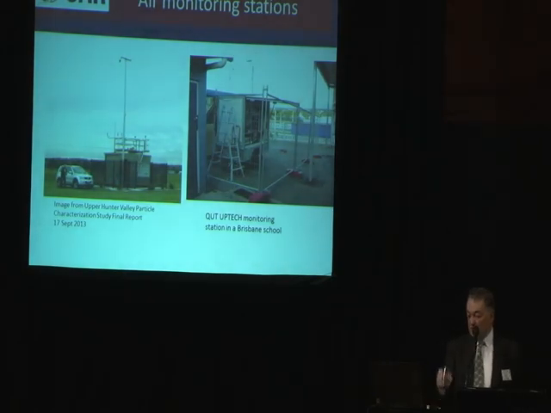And you can see the sorts of equipment that's required. The sorts of equipment that's required to measure the complex mix of pollutants that are in the atmosphere, with the time resolution over short periods of time that's required, is not the sort of thing that we can kit our individuals with. This would be a bit hard to carry on your back to measure your daily personal exposure levels.